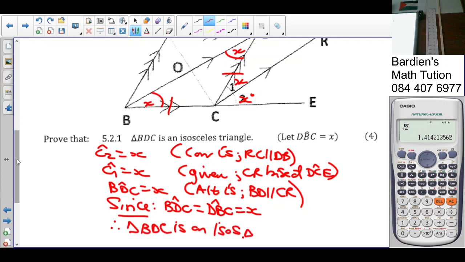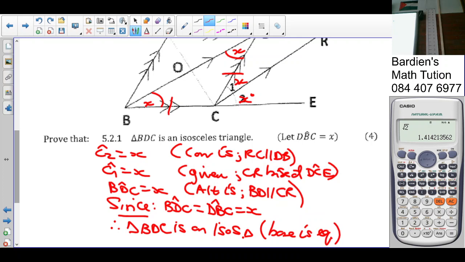Why? Because its base angles are equal. Or you can say two angles are equal, or base angles are equal.